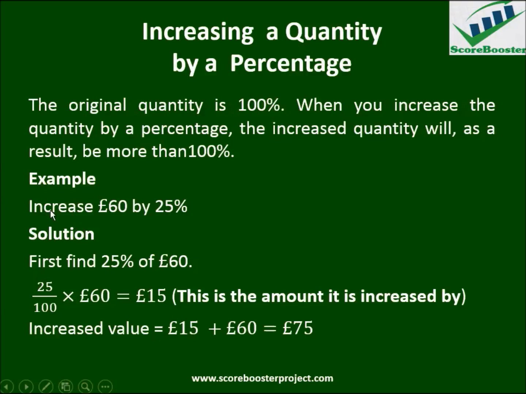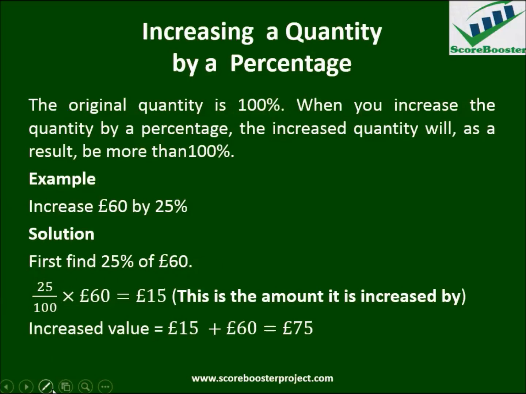Increase 60 pound by 25%. Now when we increase 60 pound by 25%, from the explanation, that means what you arrive at will be more than 60 pound. So we could solve this by first finding the 25% of 60 pound.